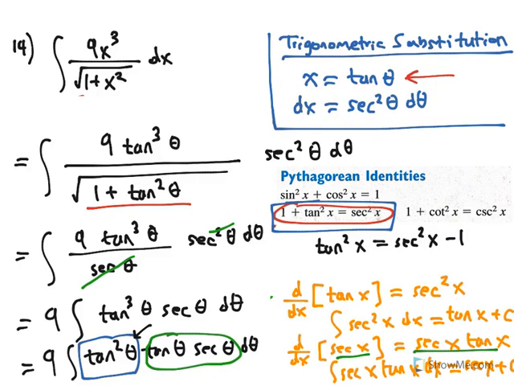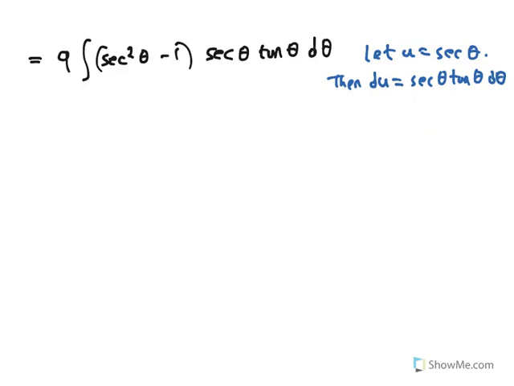I'd like to point out that we began with the trig substitution and we changed variables from x to theta. And now we're going to proceed to find an antiderivative for our indefinite integral by using a regular u-substitution.